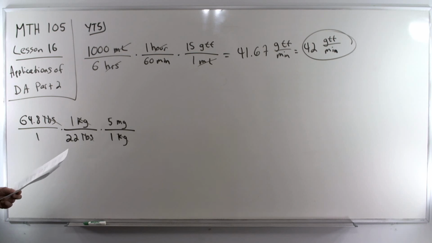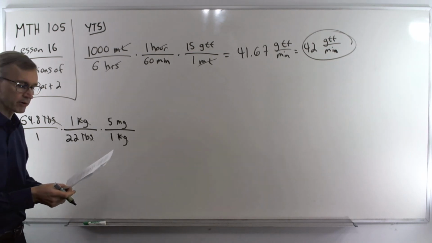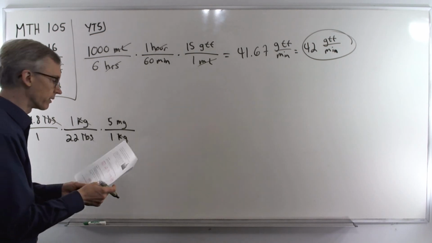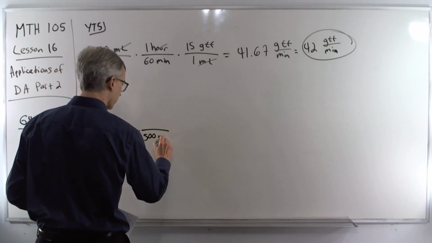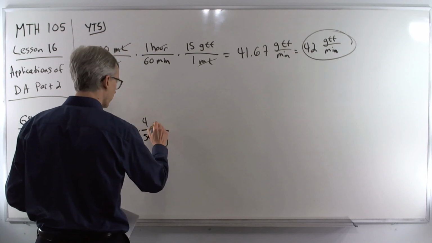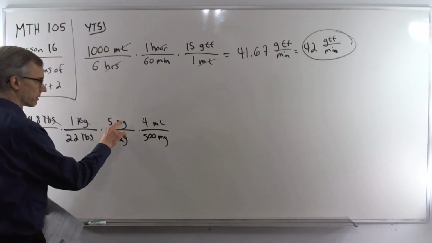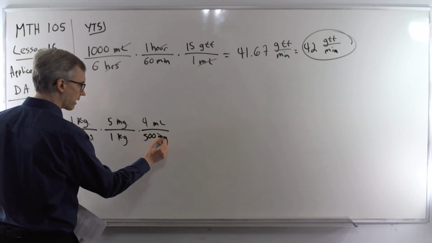Now we know how many milligrams we need, but we need to know how many milliliters to administer. So we need to do one more conversion from milligrams to milliliters, and it's given in the problem that the medication comes in a strength of 500 milligrams per 4 milliliters. So we'll put 500 milligrams on the bottom, 4 milliliters on top. So the milligrams cancel, one on top, one on the bottom.